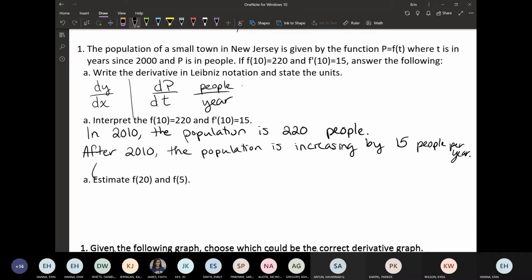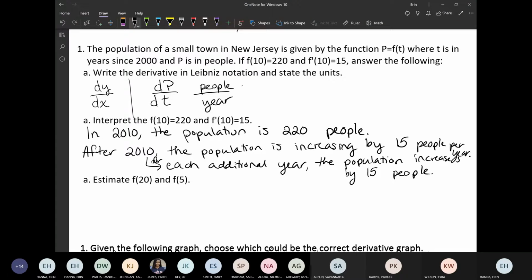The other way would have been after 2010, something like for each additional year, the population increases by 15 people. So you kind of have your two options there. One or the other, whichever one floats your boat.